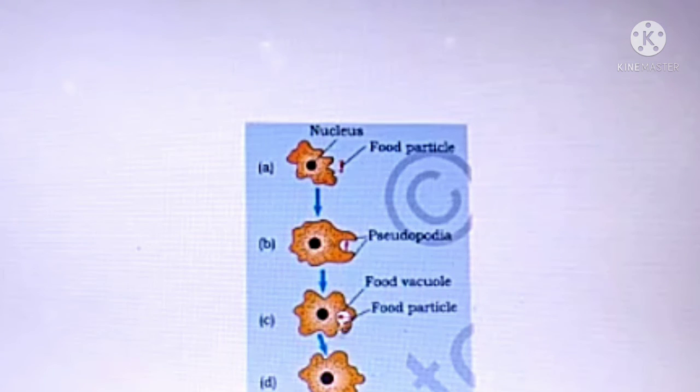So these are the different steps: the food particle enters inside through the pseudopodia. Here the pseudopodia extends and joins here, so the food will be inside the amoeba. Inside the food vacuole the food is present. The food vacuole contains enzymes that convert the complex substance into simple substance.